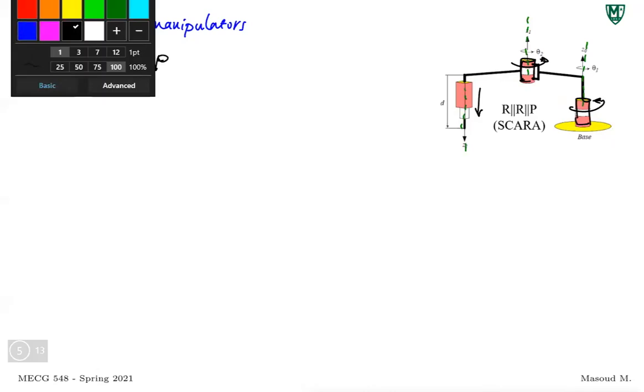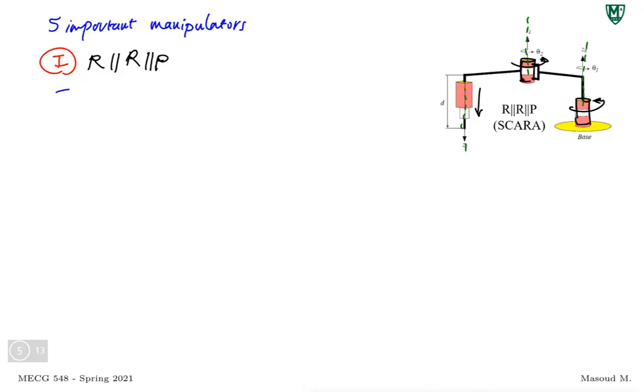Now, it's commonly known as, I put it there, SCARA arm. Let me put, what does this stand for? I never remember what it is, so I have to look at my notes.